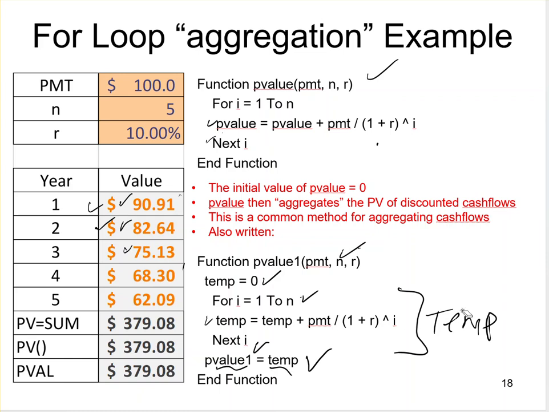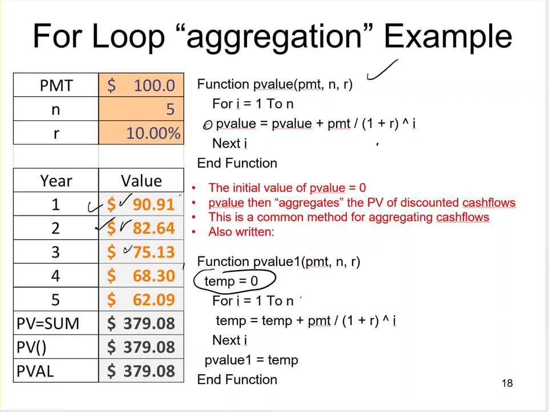Now, why do people do this? Well, I'm not totally sure, but I think I have an idea. P-value, the present value of an annuity, doesn't become the present value of an annuity until it's completed all the aggregations. So let's just call temp that temporary variable that I'm using to aggregate the cash flows.